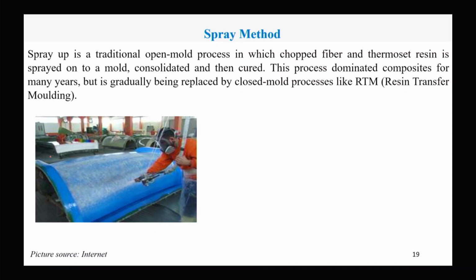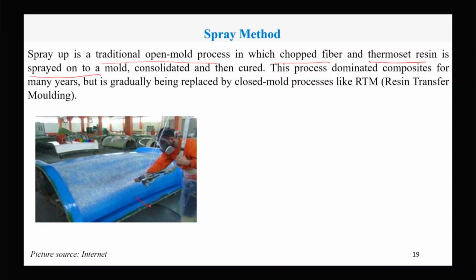Spray up is a traditional open mold process in which chopped fibers are used. So here we cannot have continuous fiber, only very small chopped fibers, and thermoset resins are there, because it has to be in some viscous or liquid form. And this mix is laid on a mold.